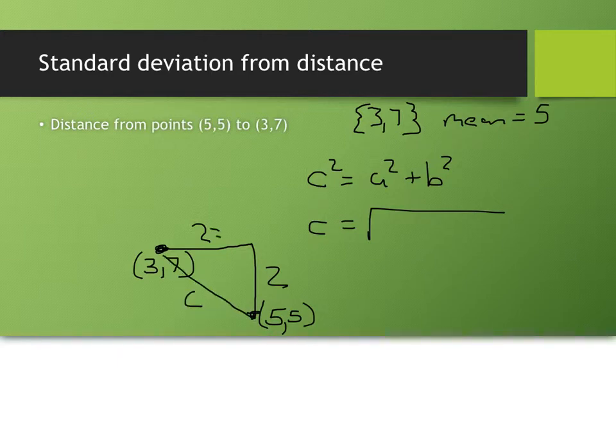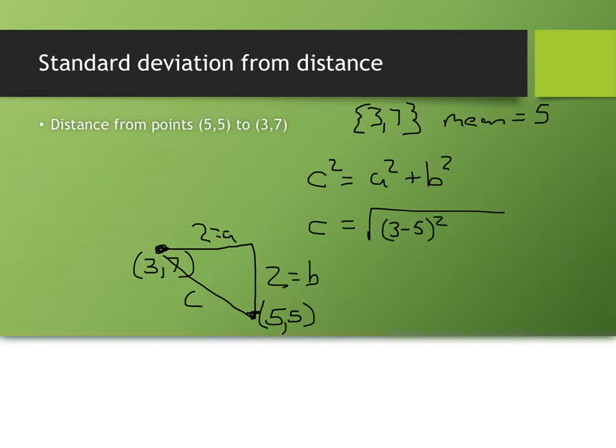We'll call this 2 A, and this 2 B. The A I got was really a difference between the 3 and the 5, so we could have written that as 3 minus 5 squared.